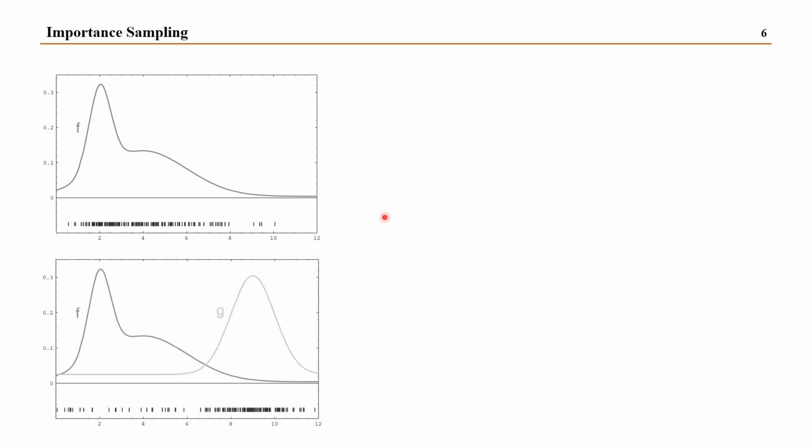However, we do have samples drawn from a distribution g, which could be simple, like a Gaussian or a uniform distribution. And the idea is that we are trying to use these samples to approximate f, although they are drawn from g. So we weigh those samples with weights that are proportional to f over g.